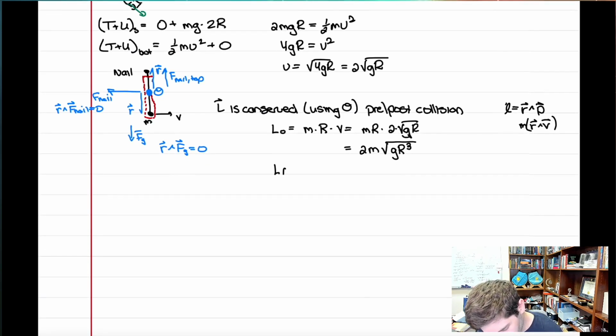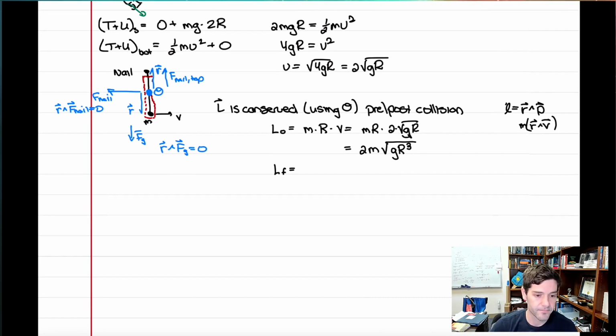Then there is the final angular momentum. And we could ask ourselves, well, one, we know it's conserved. So we should be able to write it as m times r times v final. But the m hasn't changed and the r hasn't changed, of course. So why should the v change? The v doesn't change either, right?